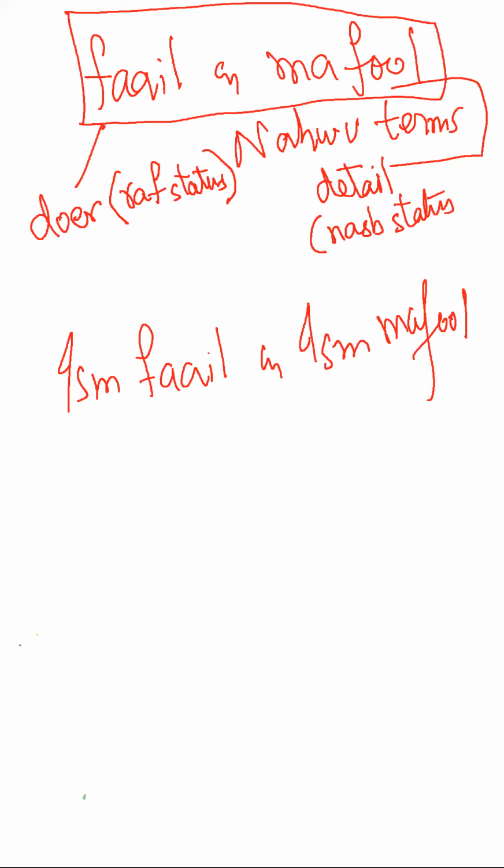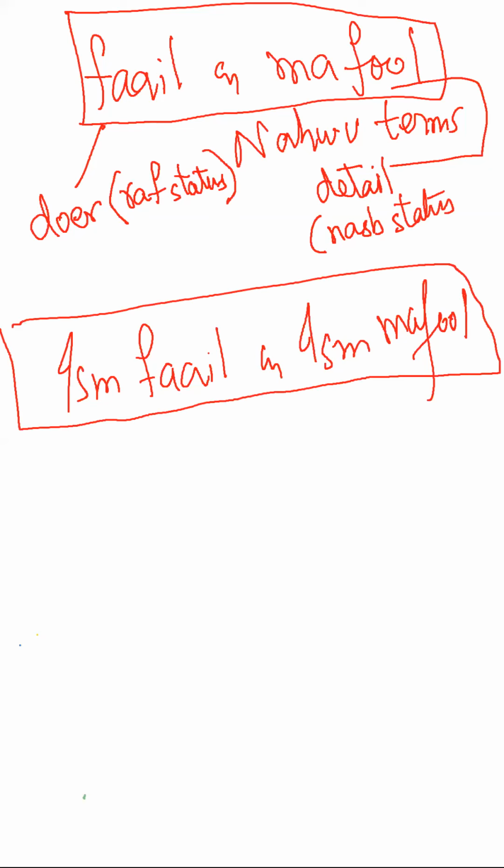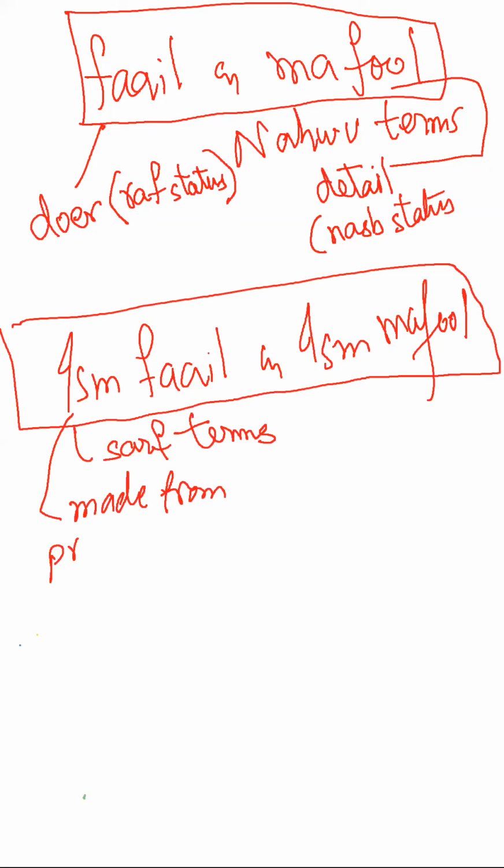But what happens is that ism fa'il and ism maf'ul are sarf terms. Ism fa'il is made from the present active fa'il, right? And it can be in any status.